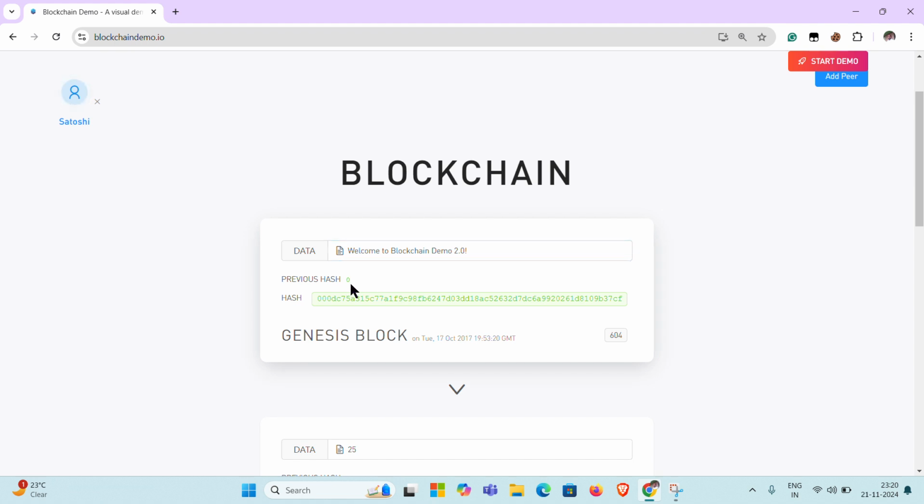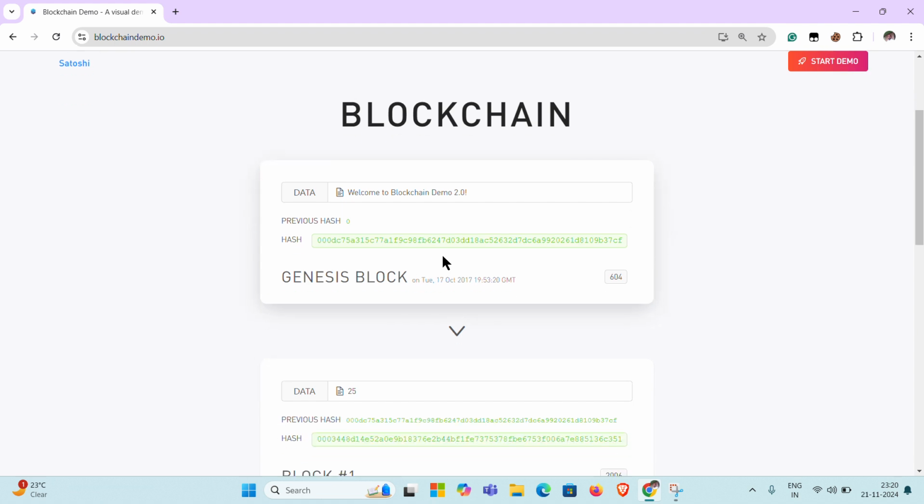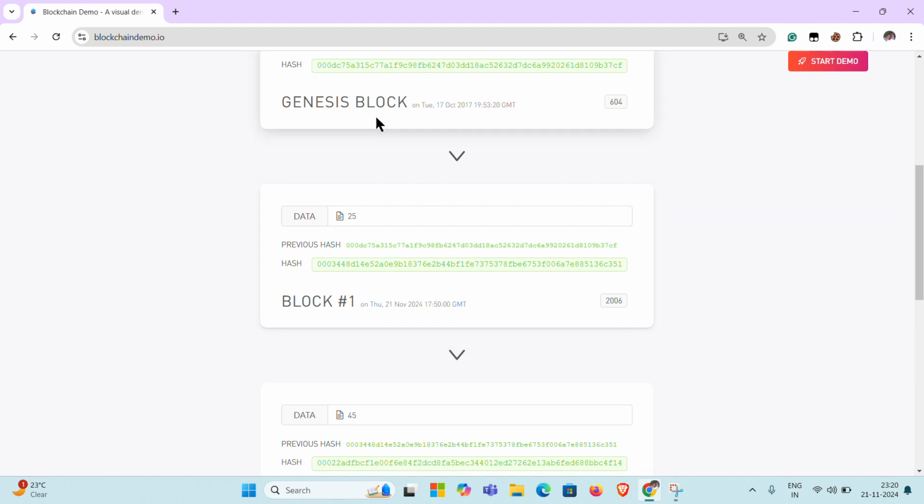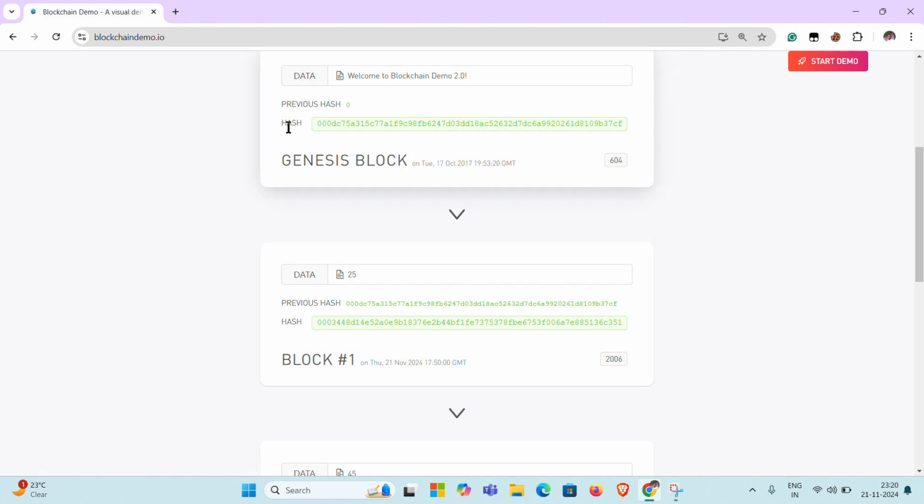Now each block has the data and the previous hash, which refers back to the previous block. That's why the previous hash is a hash value. This block has the hash value of its data. Next, the Genesis block has a timestamp. The data of block one is 25, with the previous hash value, which is the hash of the Genesis block, and the hash value of this block.